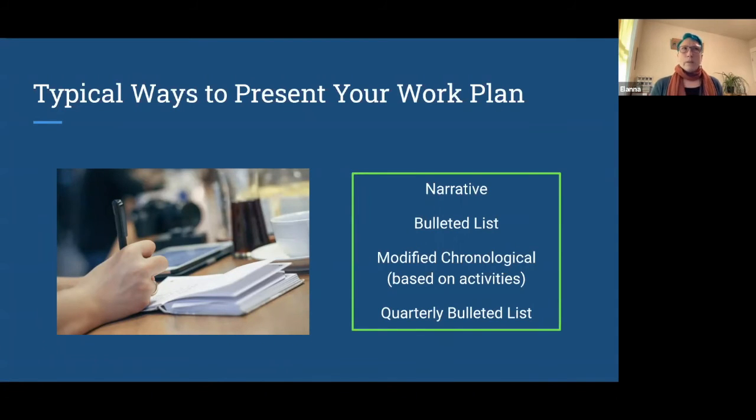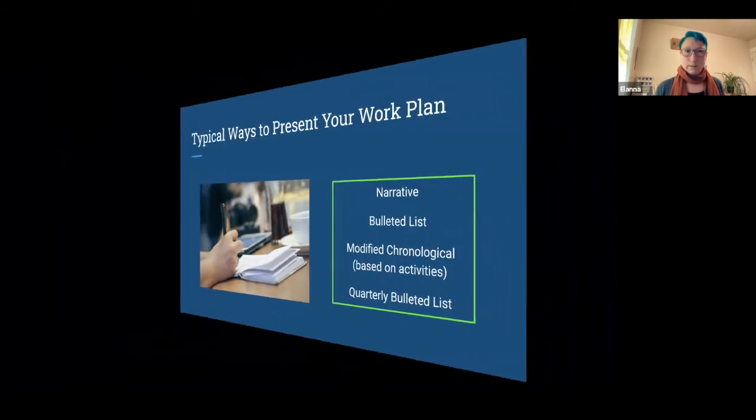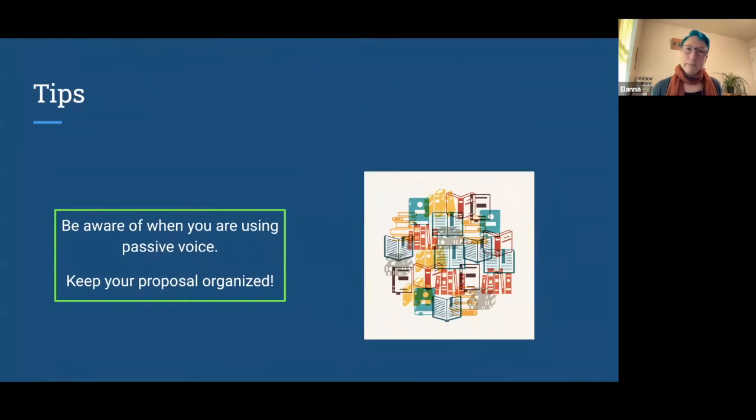And again, we talked in the first session about how to make sure that information is not overwhelming in just block paragraphs. You want to break it up and make sure that someone could reasonably scan through it and understand what you're talking about.